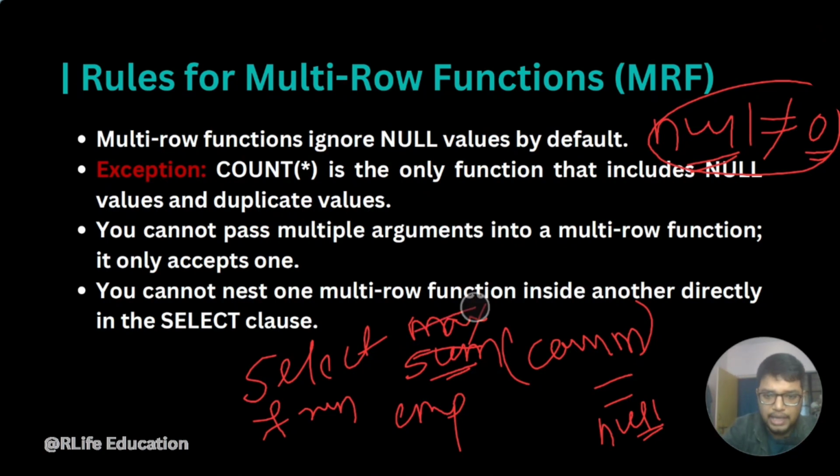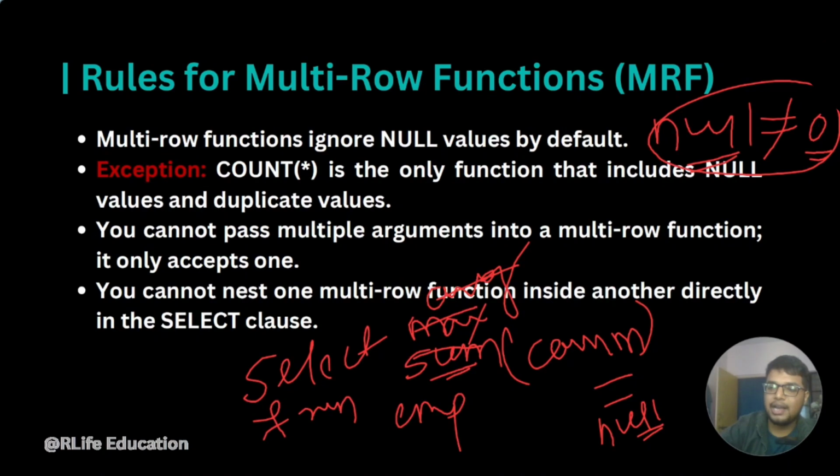If I use average here, I'm going to get the average commission of all the employees. But it ignores all the null values.